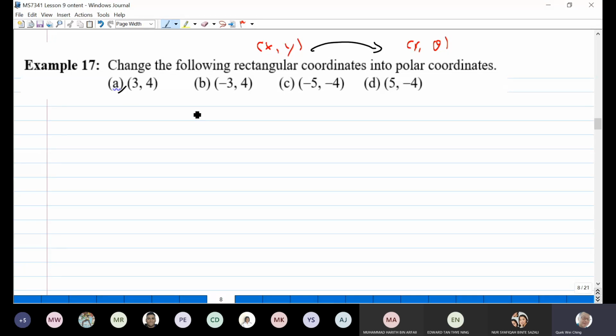Okay, A now. So draw the point 3, 4. Okay, x and y. 3, 4. 1, 2, 3. The other one 4. 1, 2, 3, 4. So point 3, 4 is somewhere here now.